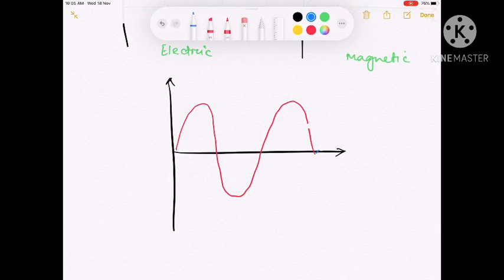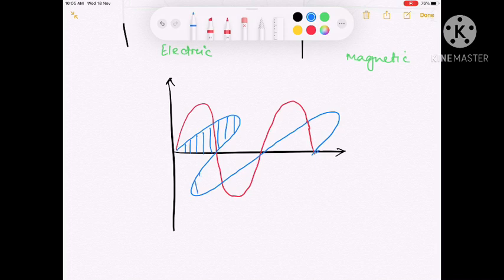Let me draw it nicely. So this is x, this is y, and this is the z axis.